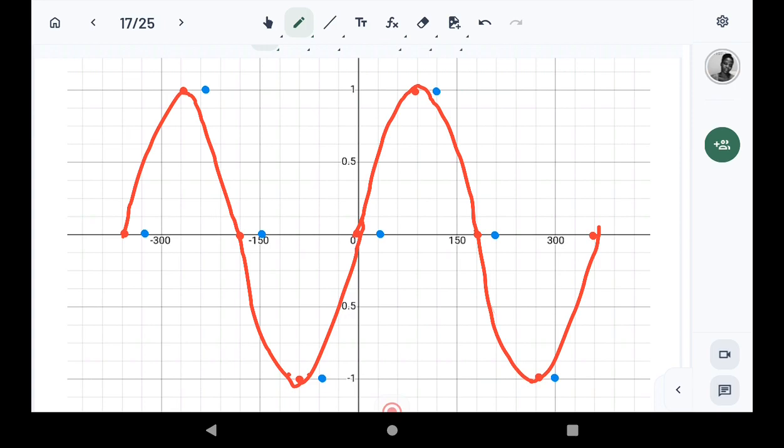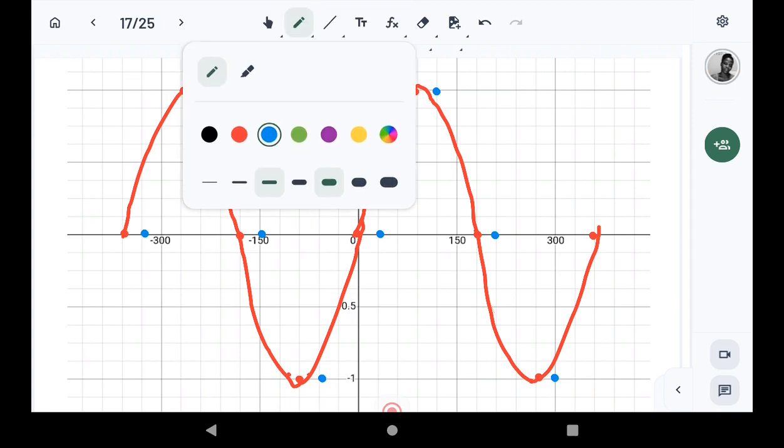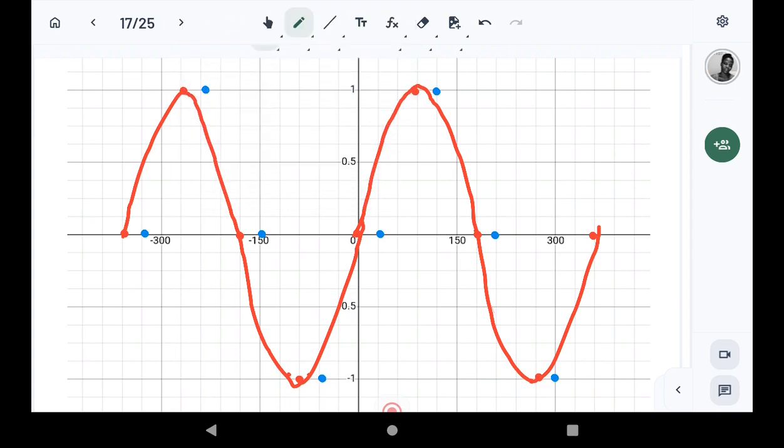Let's start with the right hand side. Let's calculate what the graph does at 360 degrees. Let me reduce the size of this. It's too big. So we go sine of 360 minus 30. That is equal to negative 0.5.